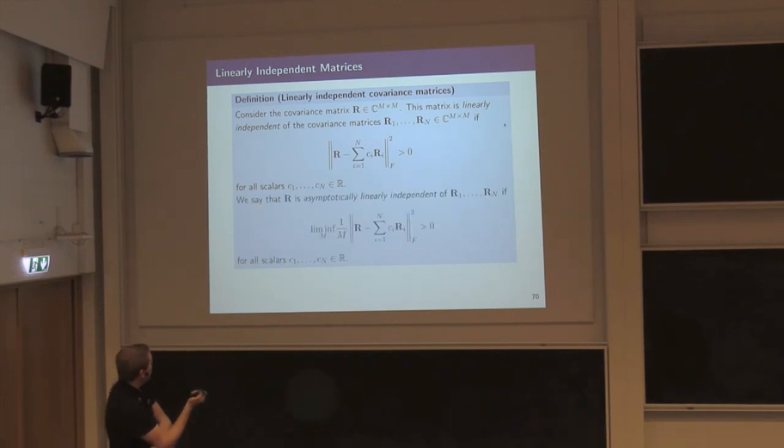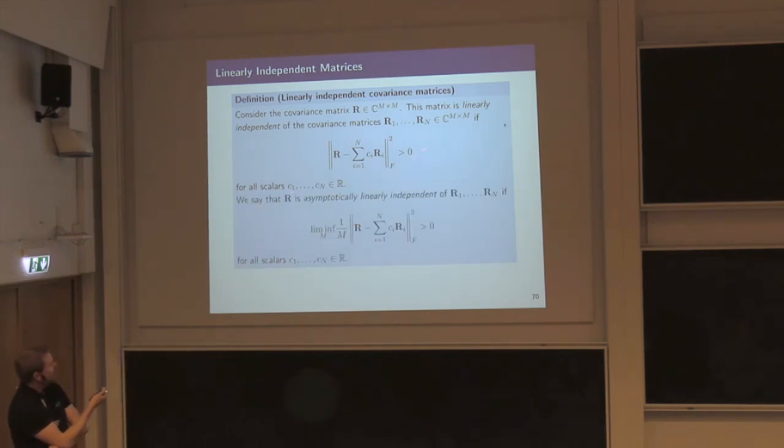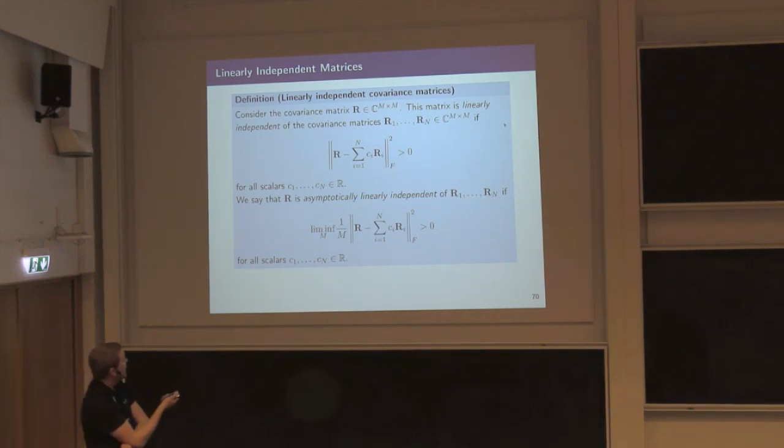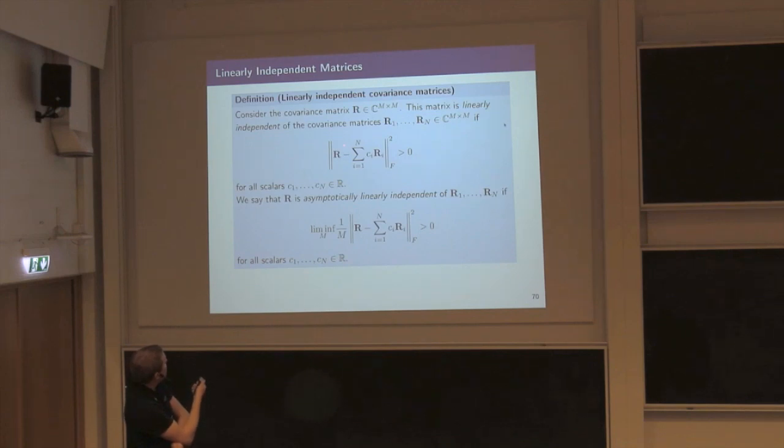And I also define asymptotically linearly independent. That means more or less the same thing, but now I divide with number of antennas and I look at what happens with this expression when you have very many antennas in it. And these two things are actually not really the same. You can have something where this R here is different from the sum of the other ones in only one element.